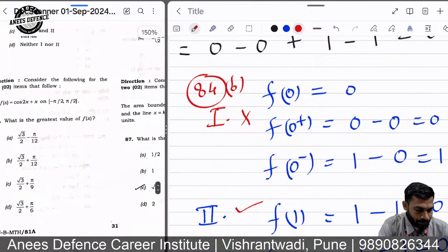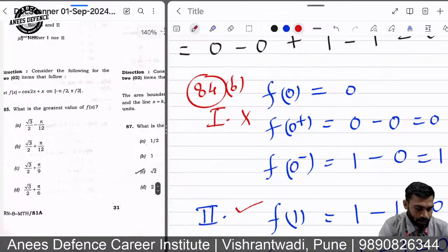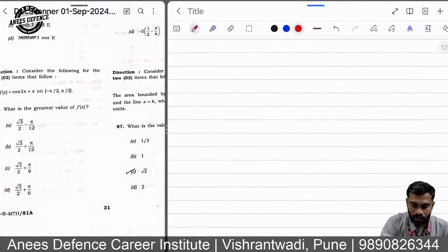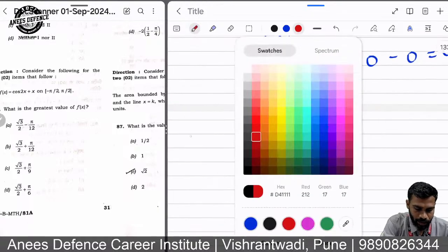Question number 85 now. What we have here, very easy. See, number 85.